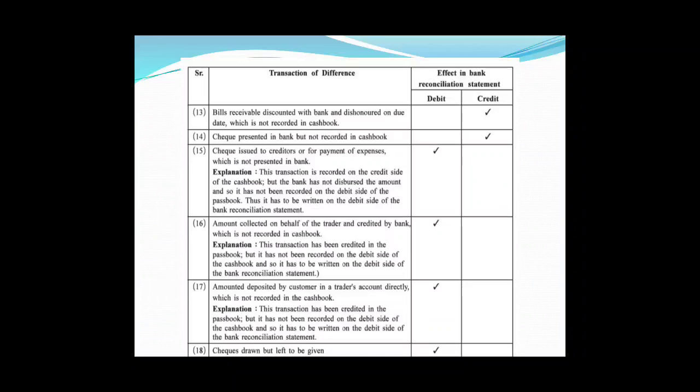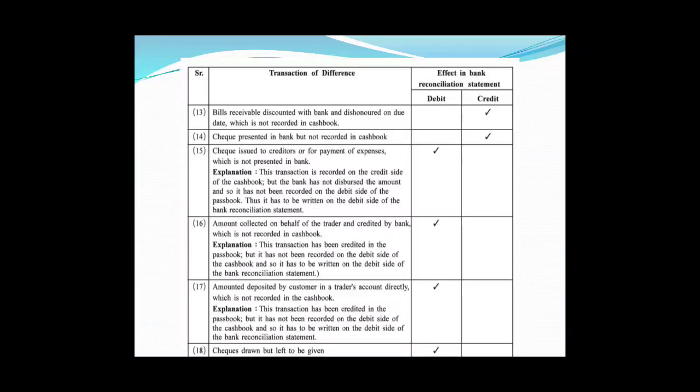Now let us see a few transactions where we will have to give debit effect. Among that, the first one is check issued to creditors for payment of expenses which is not presented in the bank. We have issued a check to someone, so we will immediately credit that amount in our bank column of the cash book.